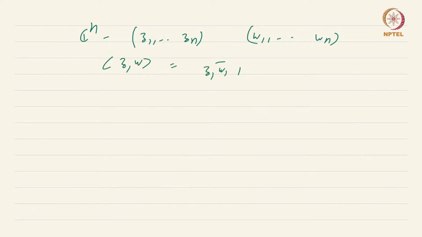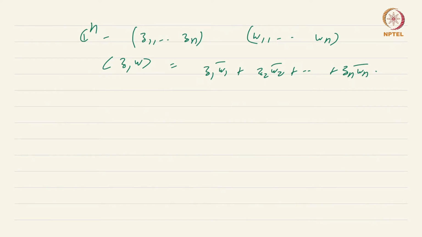Now, you should convince yourself that this is not so unnatural, because you must be familiar that in Cn, if you take two vectors z1 to zn and w1 to wn, then the standard inner product on Cn of z comma w is z1 w1 conjugate plus z2 w2 conjugate plus dot dot dot zn wn conjugate.